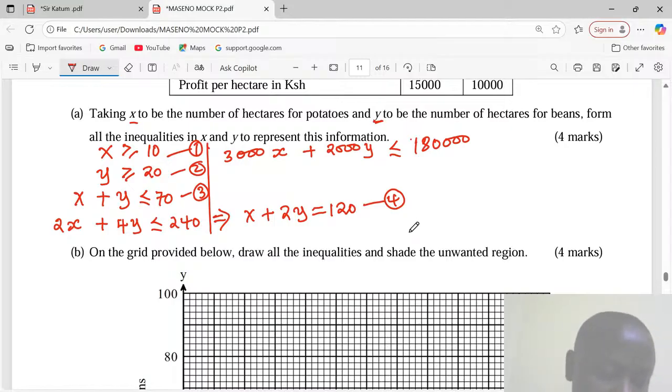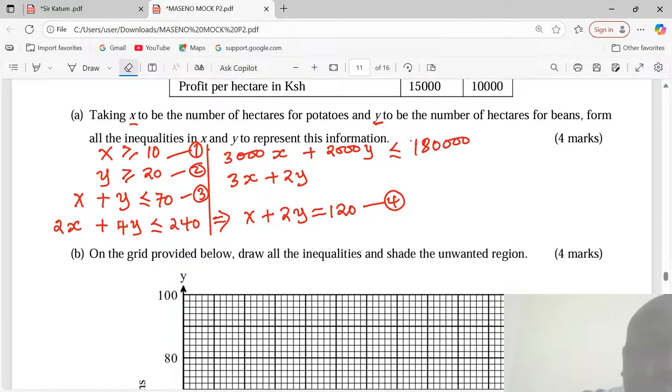If we divide this by 1,000, it shall be 3x plus 2y less than or equal to 180.